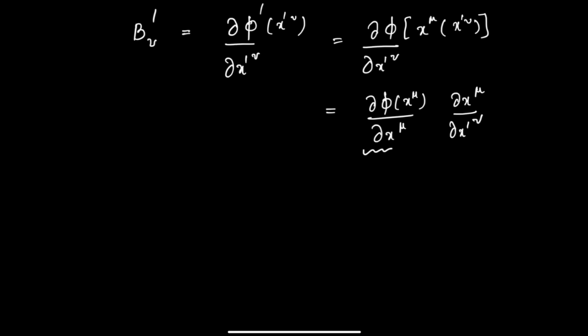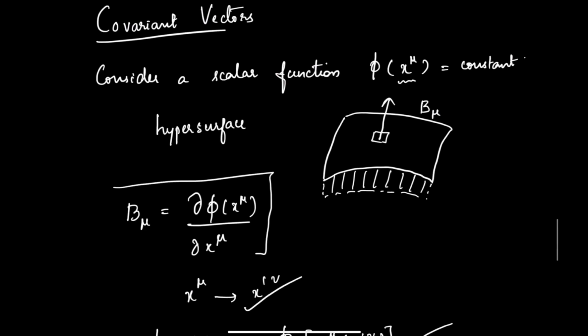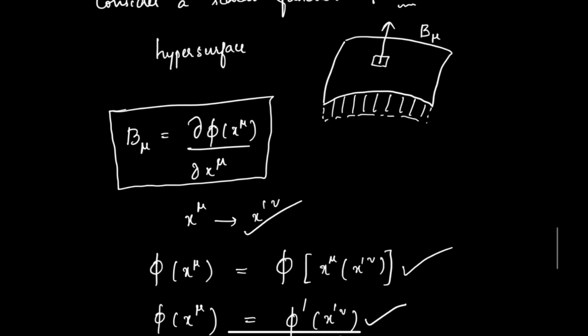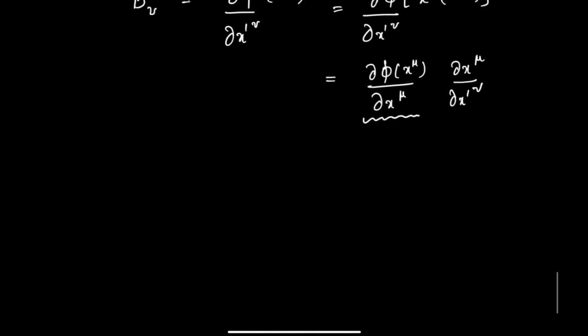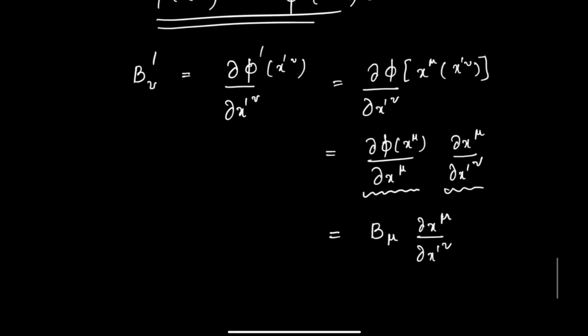Now this quantity, partial derivative of phi of x mu by x mu, is the normal in the old coordinate system, that is before transformation. So I can write this is equal to B mu. And this quantity is also there, x prime nu. So here on the left hand side we started with B nu prime.